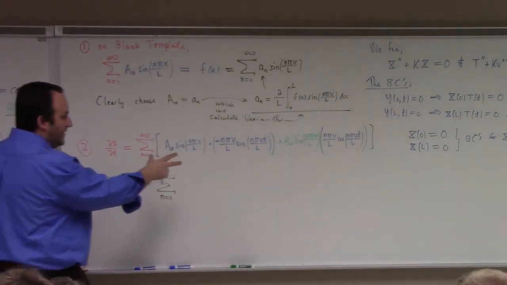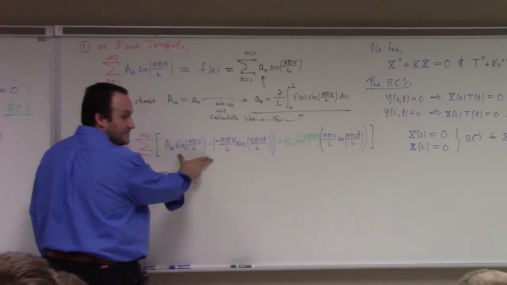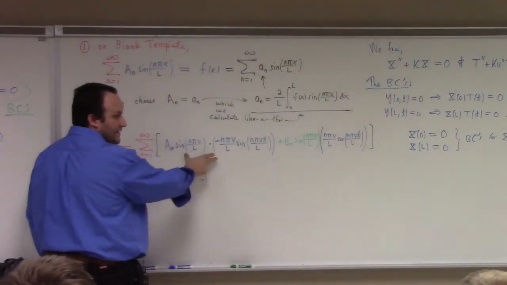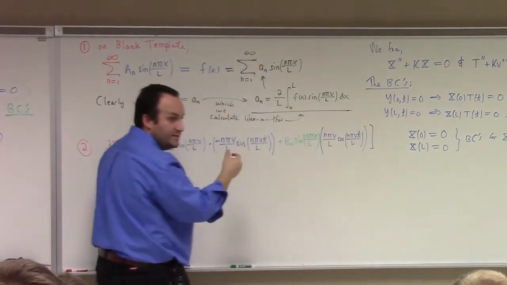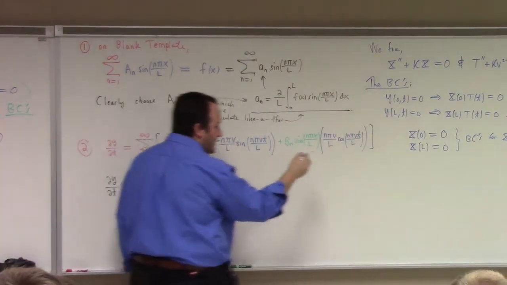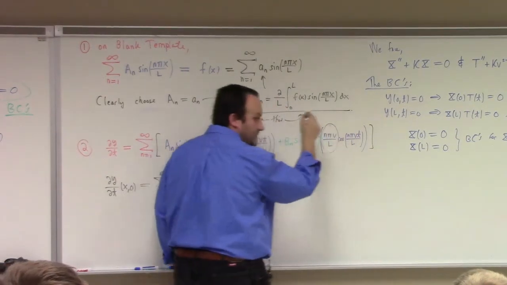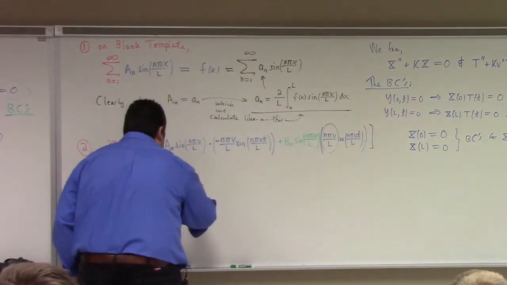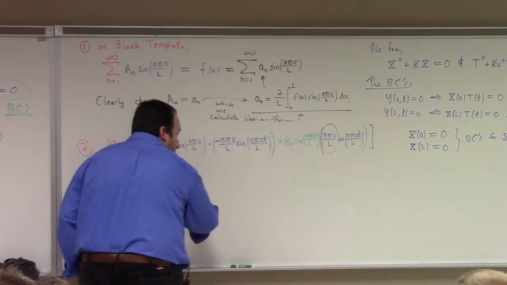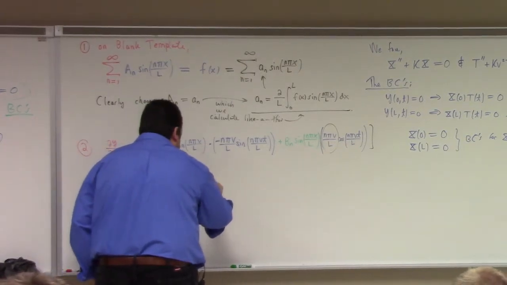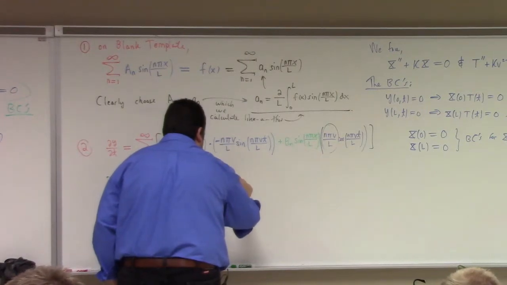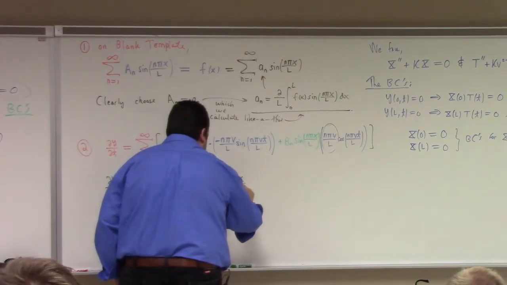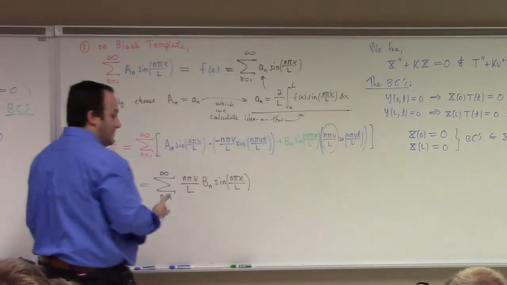So the term we already have control over is gone, right? And what happens when we plug in t equals 0 into cosine? Well, that's just 1, right? But we get something new. We get this, right? We get n pi v over L, big B sub n, sine of n pi x over L. Did you guys follow?